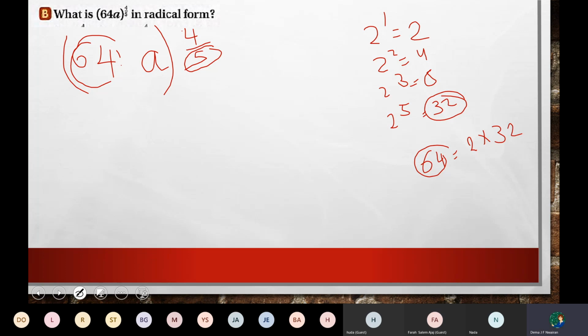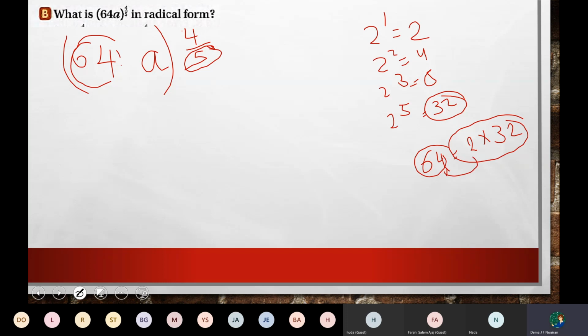Look here. What do we have? We have 4 over 5. So what is the number that's written in the denominator? It is 5. So I will ask myself, what is the number that, repeated 5 times, gives 64? Actually, there is none. But I know that 32 multiplied by 2 gives 64.